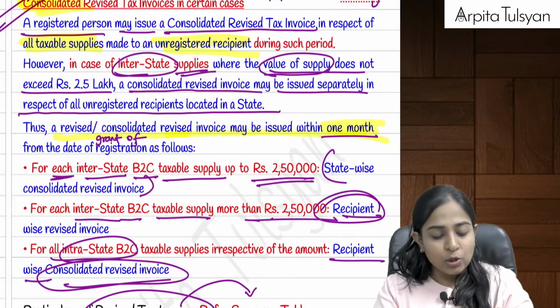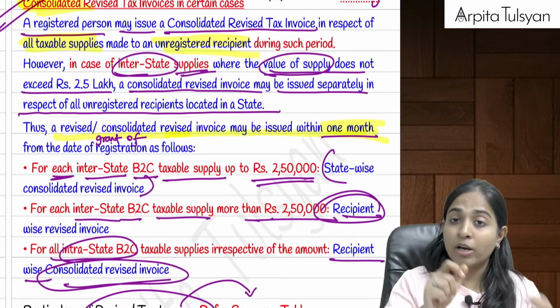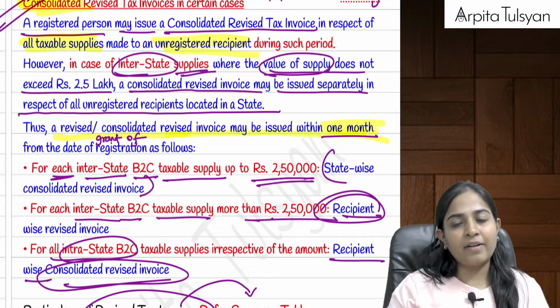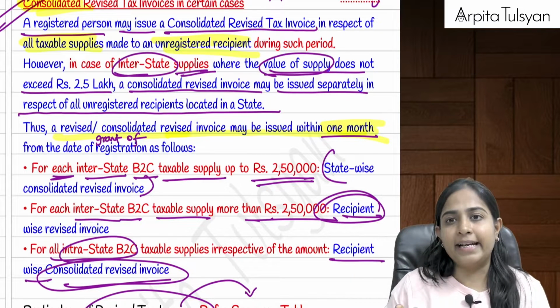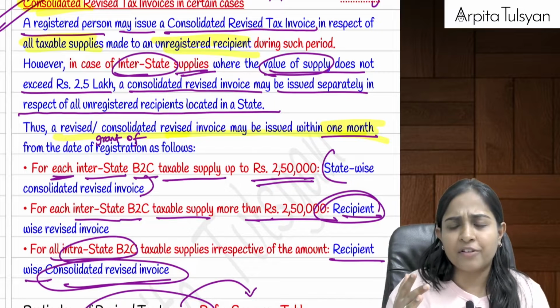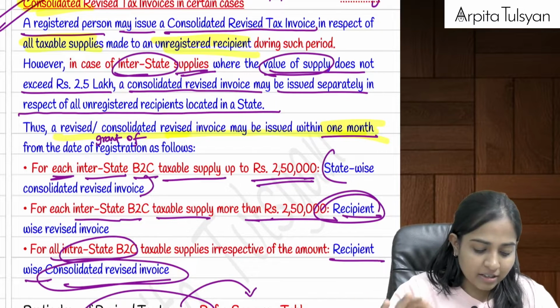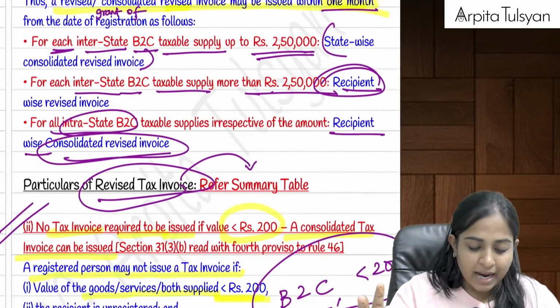But if the taxable value is more than 2.5 lakhs, I'm talking about interstate only, then recipient wise you will have to issue. But for intrastate, irrespective of the value, you will have to issue recipient wise revised tax invoices. Are you clear with this?